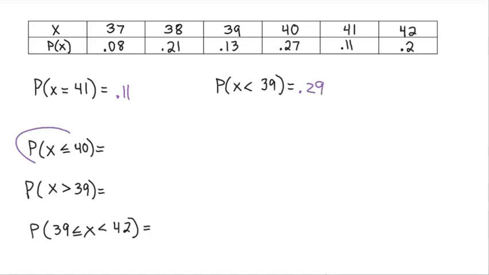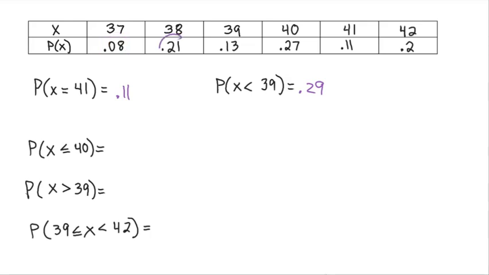And then this one says, what's the probability of x being less than or equal to 40? So now it's going to do everything less than 40, but it's also going to do equal to 40. So that's going to include 39, 38, and 37, but it's also going to include 40. So we need all four of these probabilities added together.